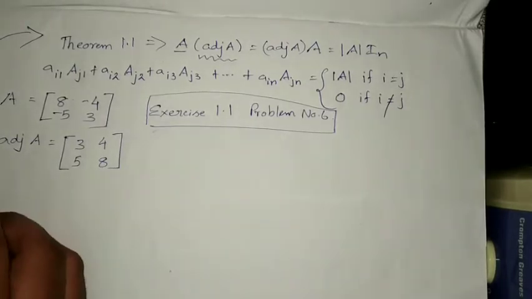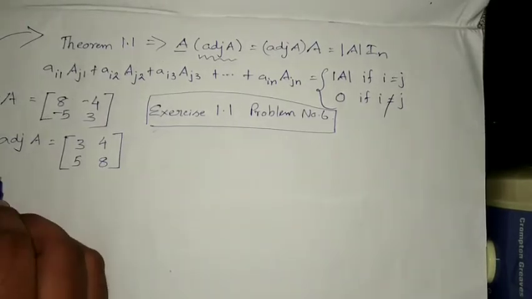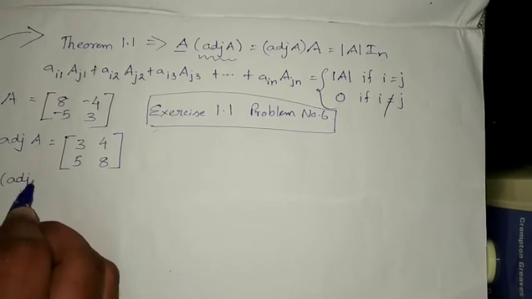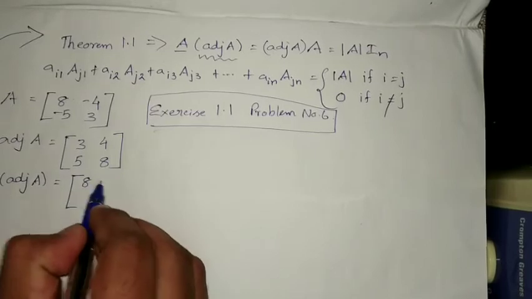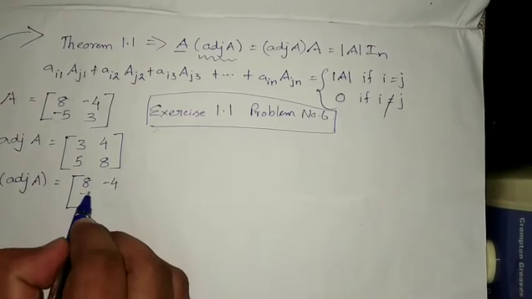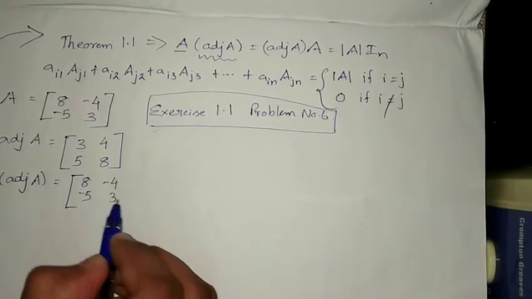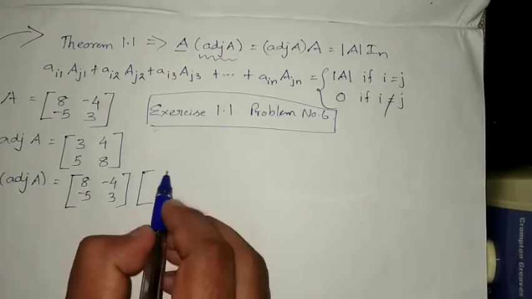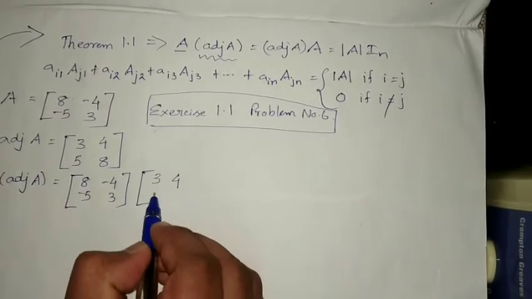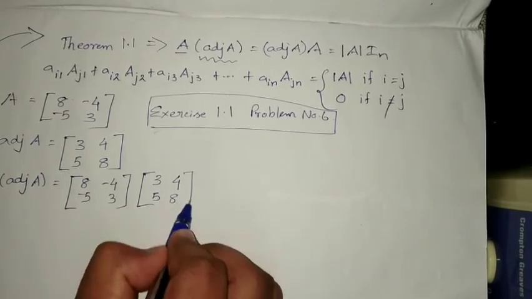Now we multiply A into adjoint of A: 8 minus 4, minus 5 3 times 3 4, 5 8.